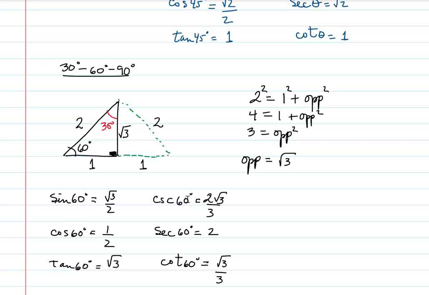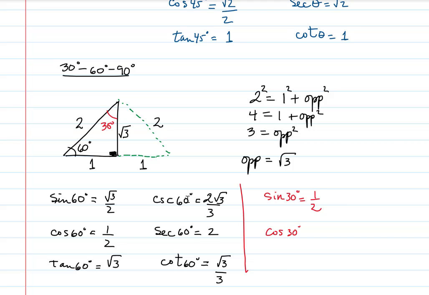Now remember, the opposite and adjacent change. If you're taking this 30 to be your angle here, sine of 30 degrees is going to be opposite of 30, which is 1, not square root of 3, 1 over the hypotenuse is 1/2.